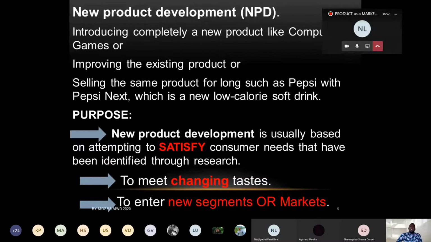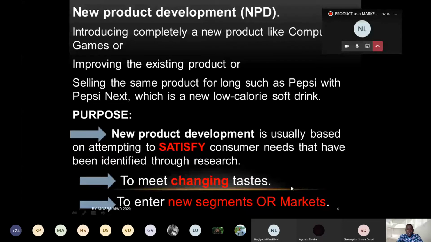So that's the point. Market segment, you remember that you can segment or divide the market by income, by location, by age, by gender. So you can introduce the products that you can cater for a new kind of segment. So these are the reasons for NPD, okay?